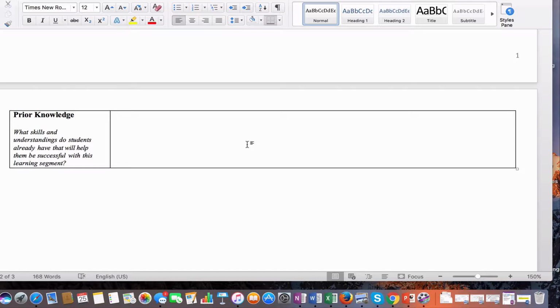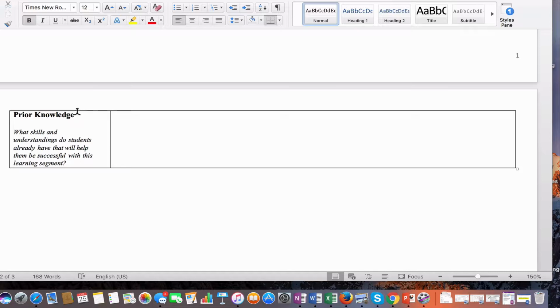But one thing that we know for sure is that students have read, and then you can write whatever chapter, in Outliers. And notice that I'm going to italicize that because it's a book title. Okay, so they've already read, you can assume, that chapter in Outliers, so that's going to be some prior knowledge that they have.